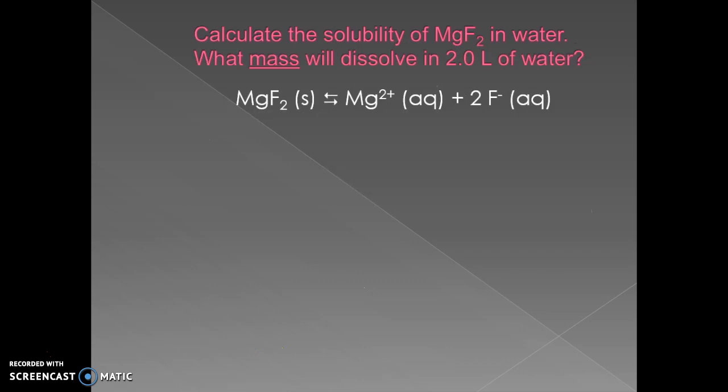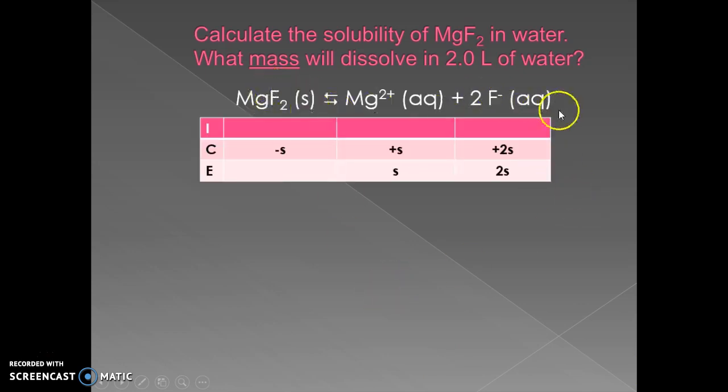Okay, so here's a question like I was alluding to earlier, where you have not a 1-to-1-to-1 ratio of ions. So it gets a little more complicated. So here's our equation. When you fill in the ICE chart, you're losing MgF2, gaining an equal amount of Mg ions, but you're gaining twice the amount of F minus ions.